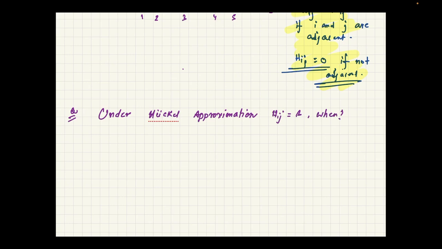Otherwise Hij will be equal to 0 when i and j are not adjacent to each other.